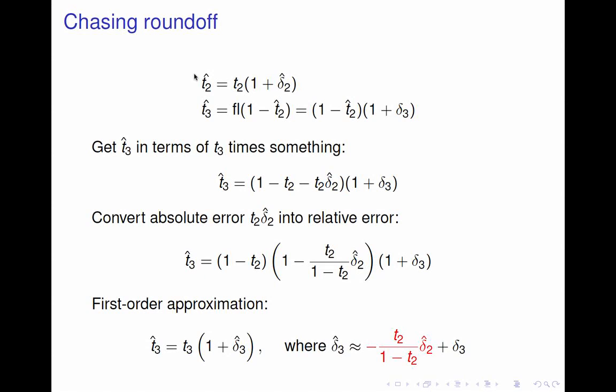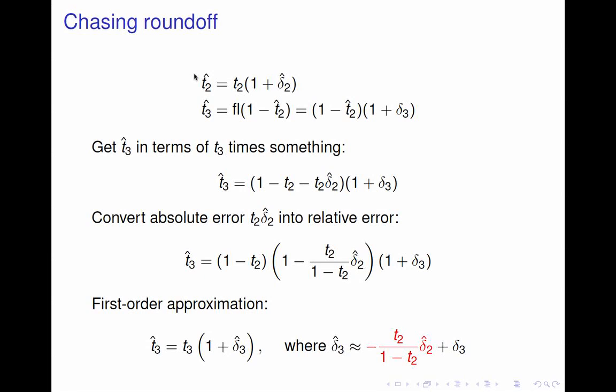Now the problem is that 1 minus t2 could be pretty close to 0 if t2 is pretty close to 1. So that's going to look like something close to 1 over 0 times delta 2 hat plus delta 3. So we've taken our little error from the contribution of square root of 1 minus z and suddenly amplified it enormously in a relative sense.